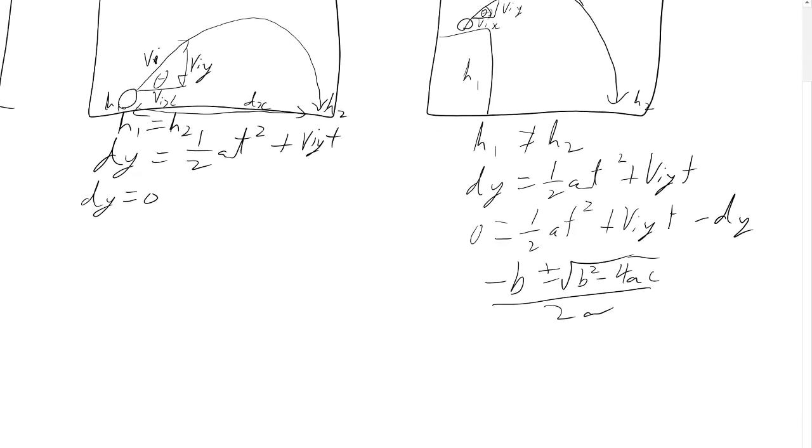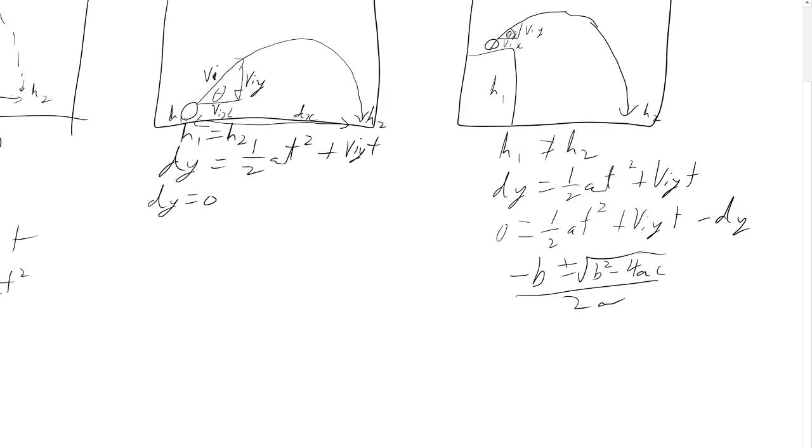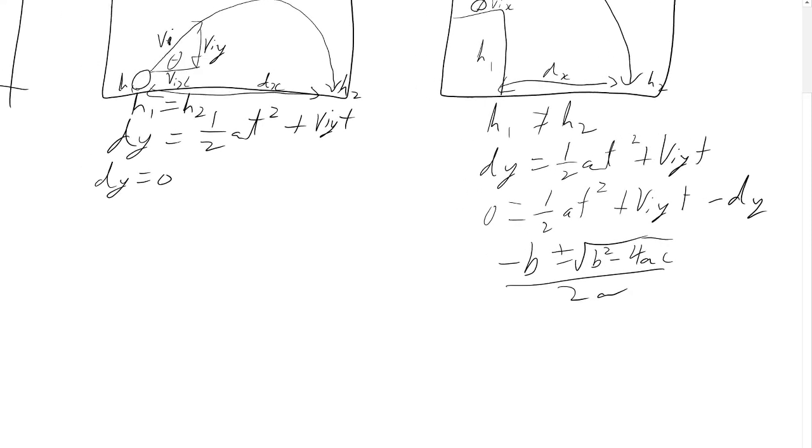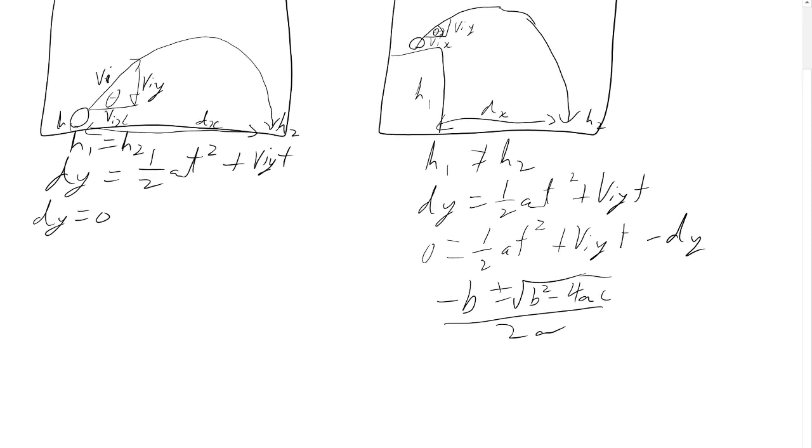Of course, you usually only have to use this if you're solving for t. But also, if you're solving for d, like this distance right here, the dx, then you also have to solve for t and then use d equals vt to solve that.